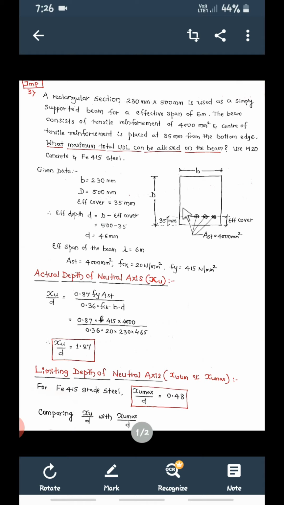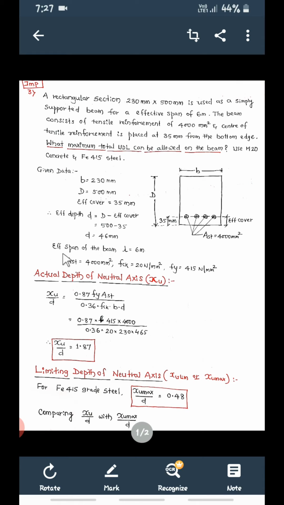So capital D, that is the overall depth, minus this effective cover will give the distance from top to center, which is called the effective depth. So effective depth is equal to D minus effective cover, that is 500 minus 35, that is 465 mm. Make this correction, it is 465 mm.